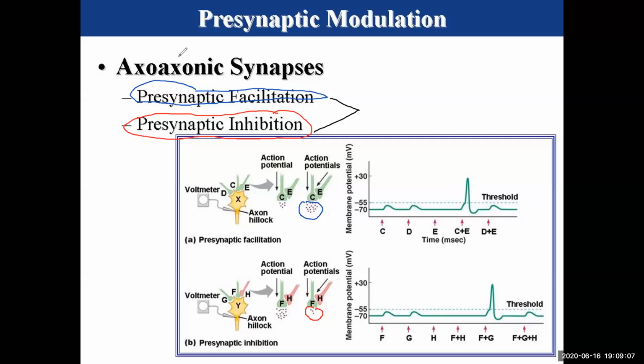The interaction is called axo-axonic, from axon E to axon C. Specifically in this case, the axon terminal of neuron E interacts with the axon terminal of neuron C, and the axon terminal of neuron H interacts with the axon terminal of neuron F. So the space between F and H, and the space between E and C, that's a synapse, and that synapse is axo-axonic.